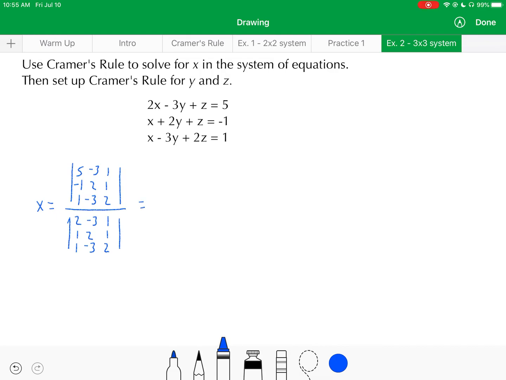So I'll set up the numerator, take the element of 5 multiplied by its minor, subtracted by the element of -3 multiplied by its minor, added with the element of 1 multiplied by its minor.